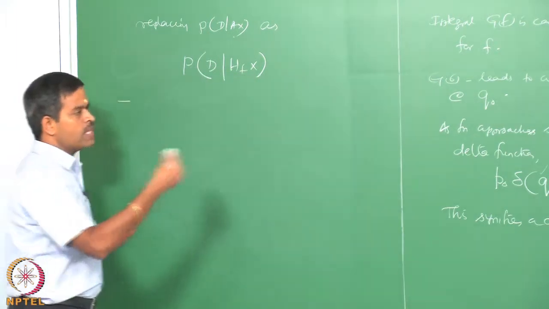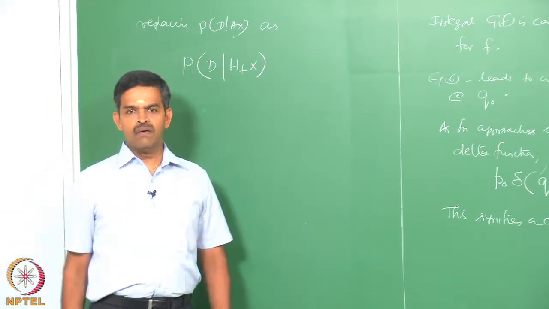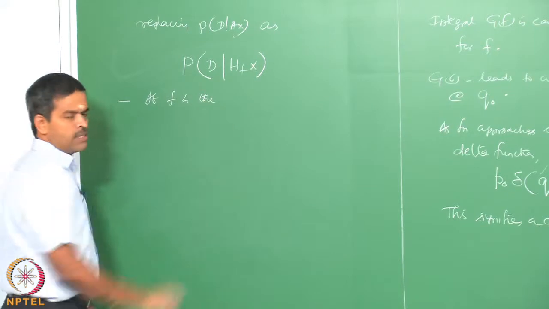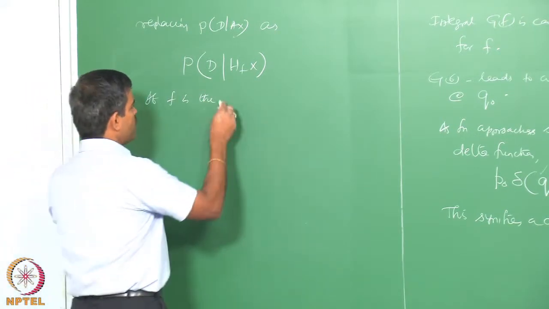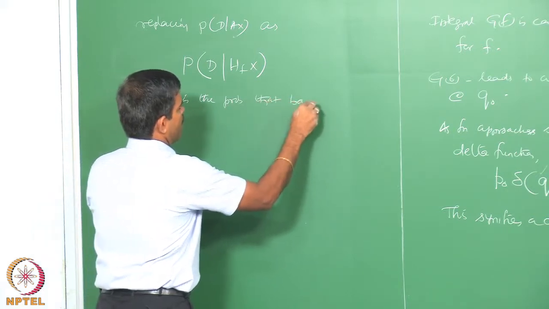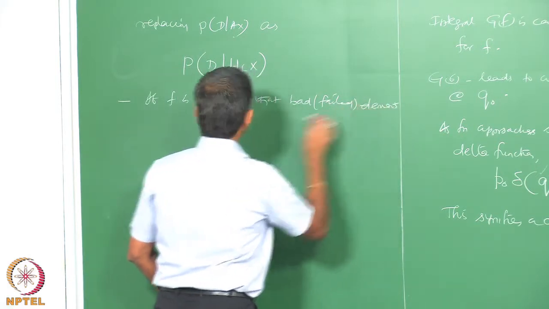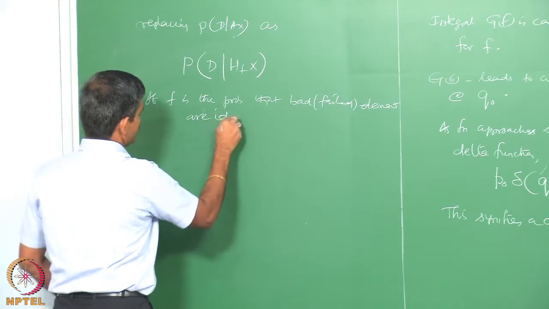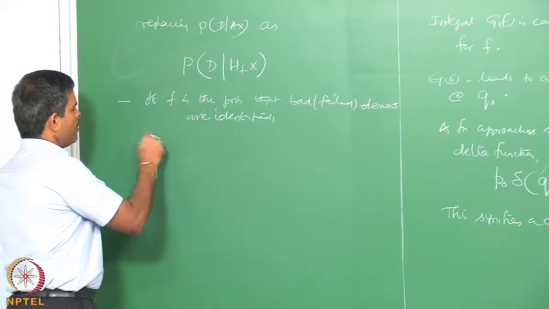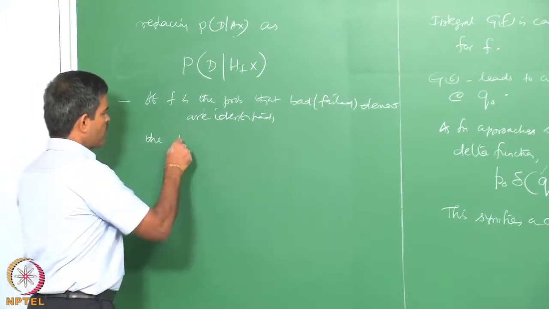Let us say in every trial, every inspection or every test you have conducted on different kinds of members in a random manner, if f is the probability that bad or failed elements are identified, then the probability of identifying the non-failed, better or safe elements would be 1 minus f.